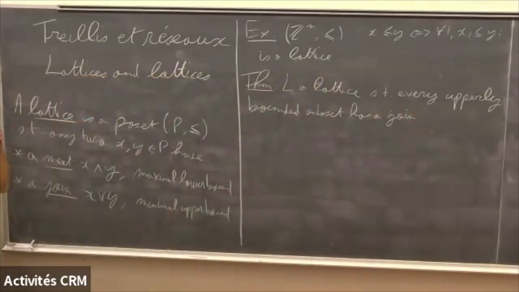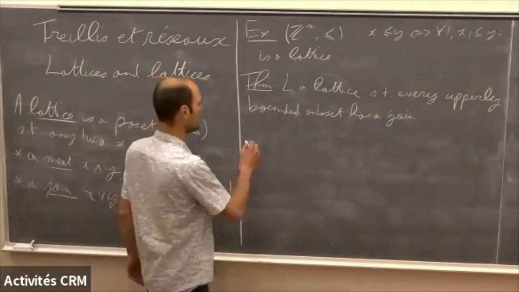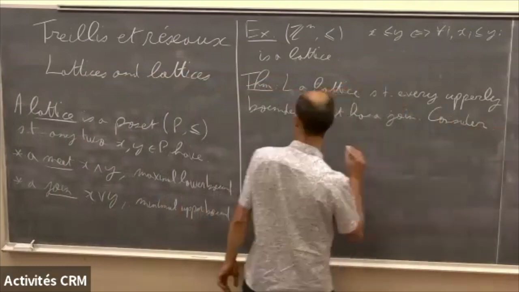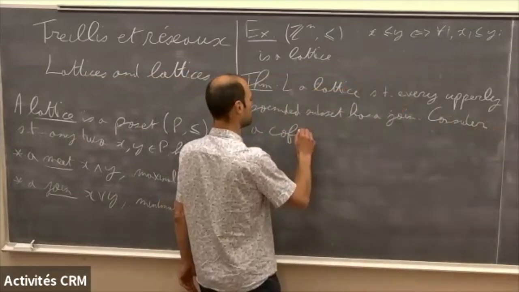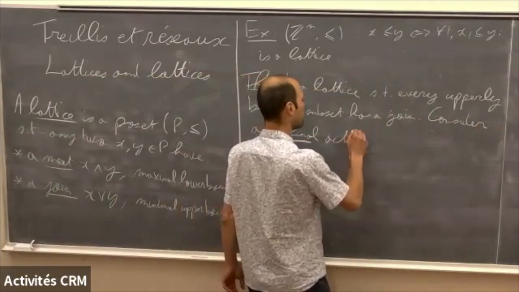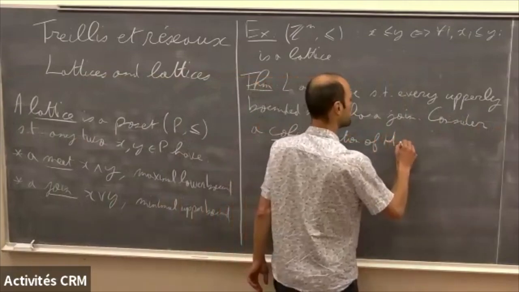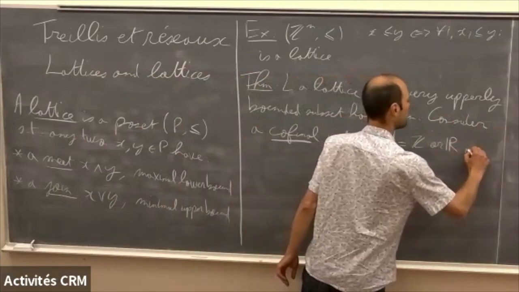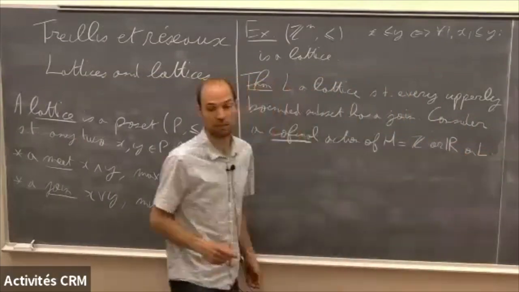And now I need another ingredient, which is an action of a one parameter subgroup. So consider a cofinal action, I will define this right there. Action of H, which is either Z or R, on L. So what does it mean, cofinal?